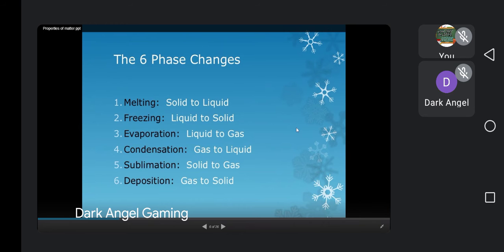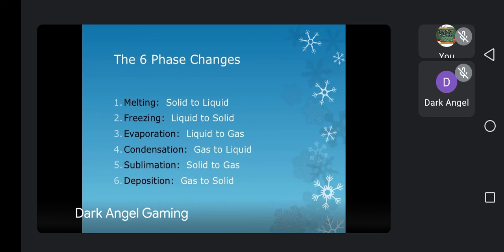The 6 phase changes challenge. Number 1, melting, solid to liquid. So if it's melting, it's solid to liquid.